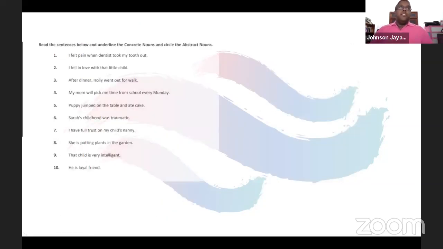Right, read the sentences below and underline the concrete nouns and circle the abstract nouns, okay? So now you need to identify which are the concrete nouns and which are the abstract nouns. You underline the concrete nouns and then you circle the abstract nouns. But in your case, just write it down on a piece of paper, which is concrete and which is abstract, okay? So please go ahead.